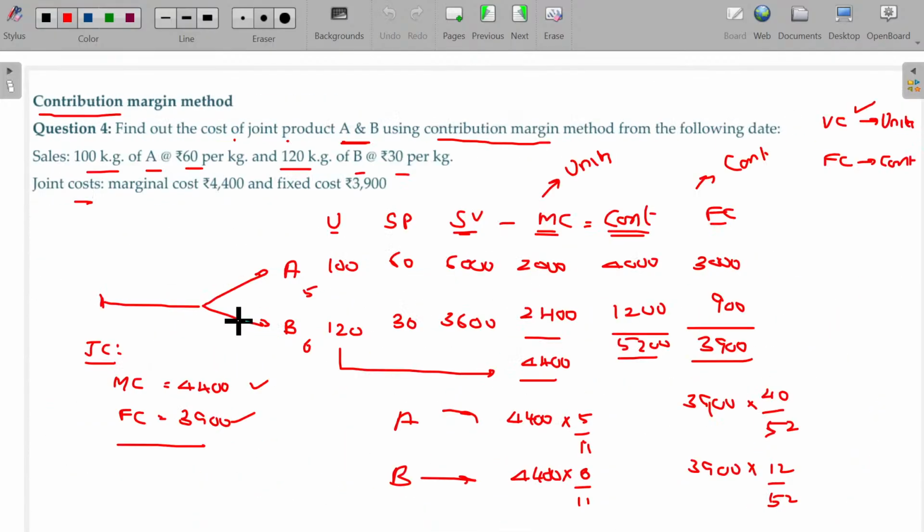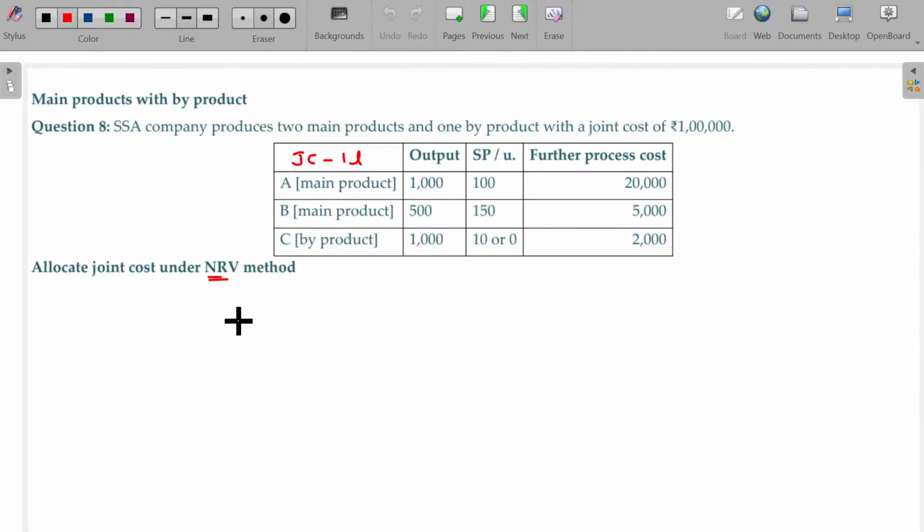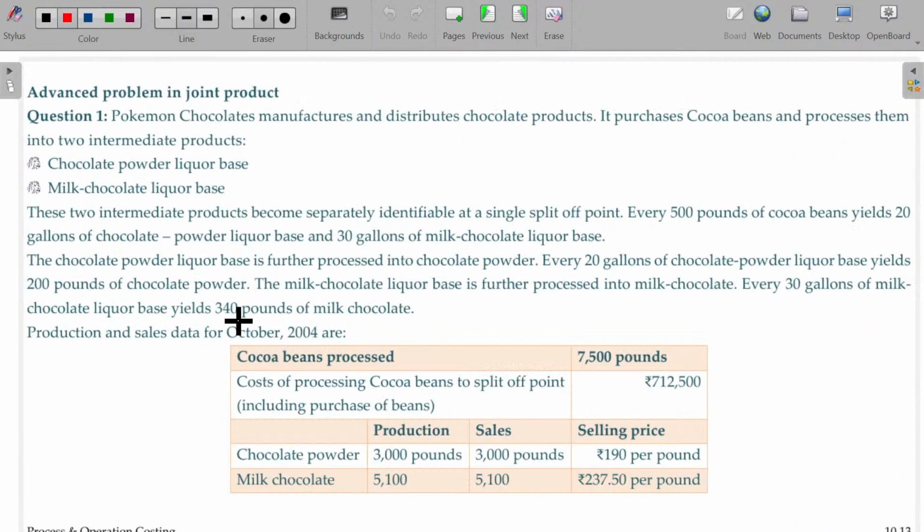Let me solve one illustration asked in the exam, a comprehensive illustration. Come on, you can join with me to solve this illustration.